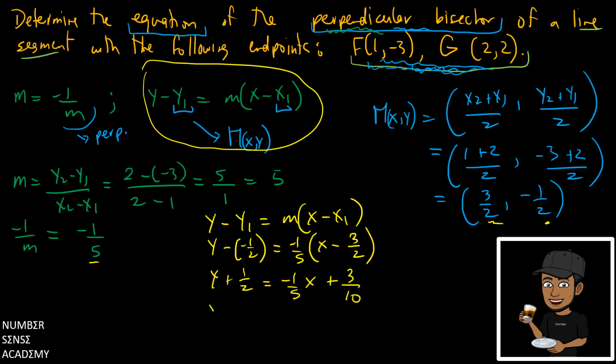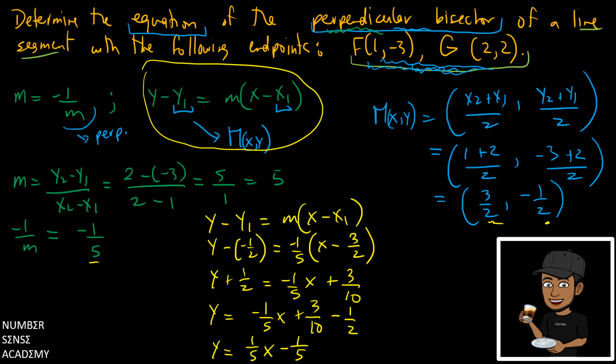So now I have y is equal to negative 1 over 5x plus 3 over 10 minus 1/2. If you plug 3 over 10 minus a half into your calculator, you get negative 1 over 5. So 3 over 10 minus 5 over 10 gives me negative 2 over 10, which is the same as negative 1 over 5.